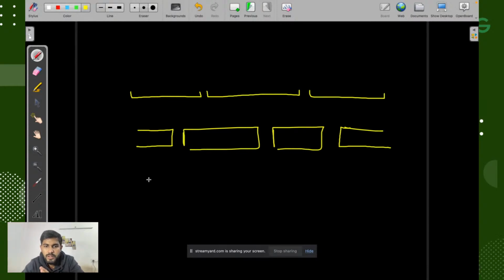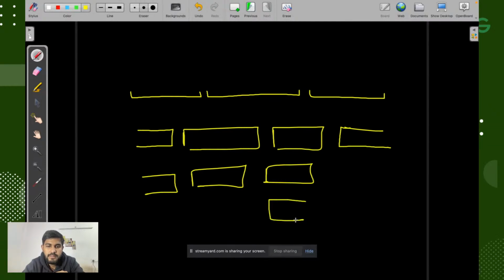Either it would be complete, or incomplete from one side, or incomplete from the next side. We can see these all can be the way.